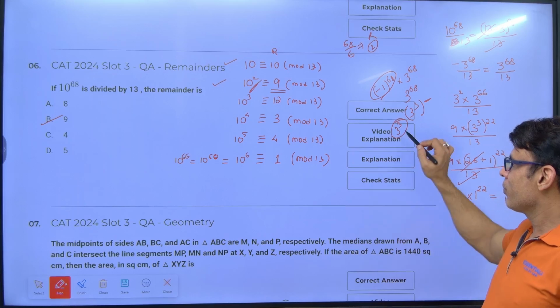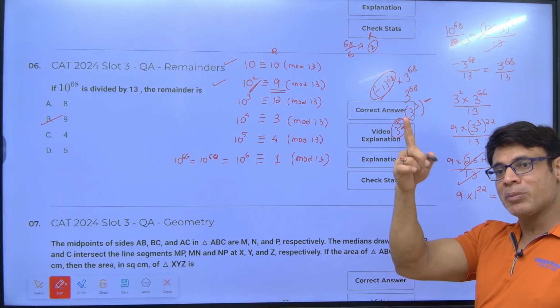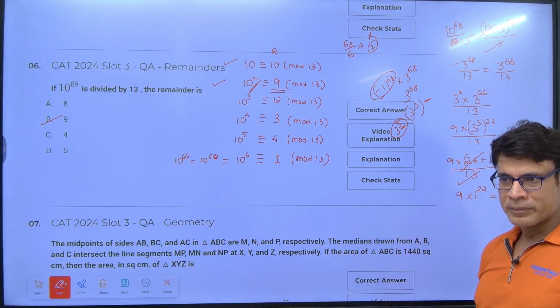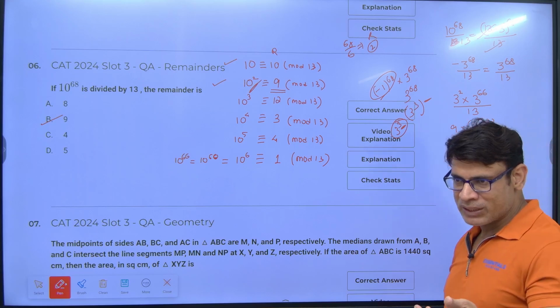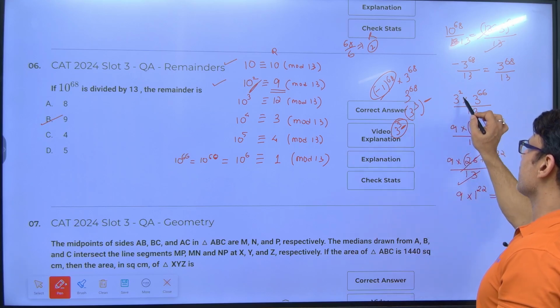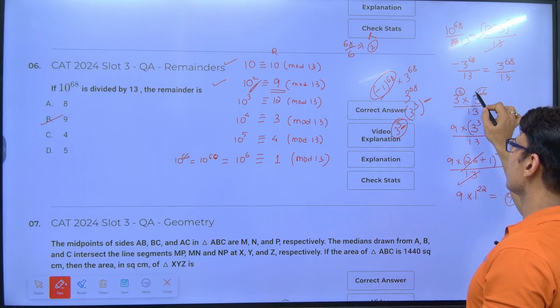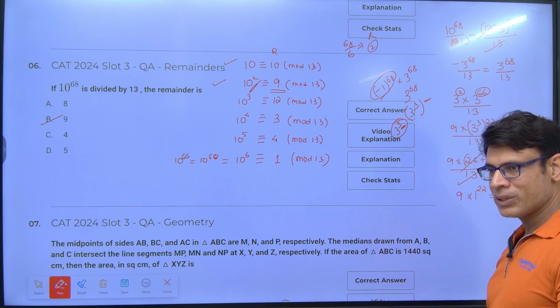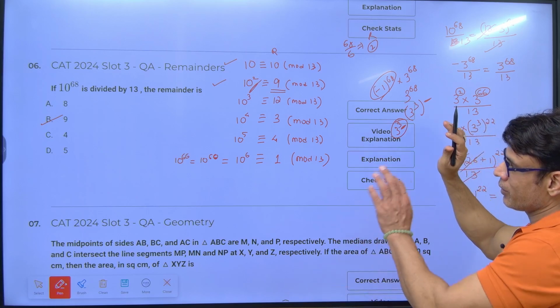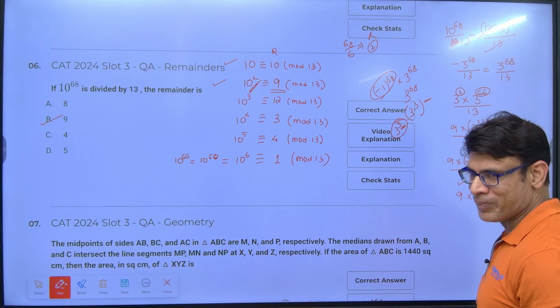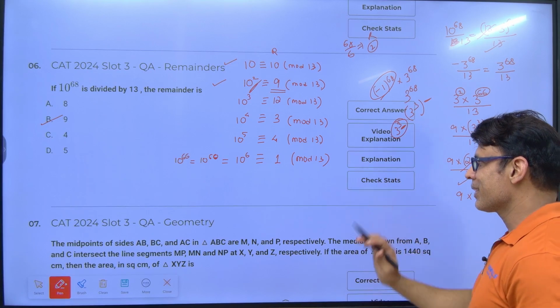So that if you want to take 3 cube, that means power should be a multiple of 3. हमको वो नंबर लाना पड़ेगा पावर में, which is a multiple of 3. Now 68 is not a multiple of 3, so I have to break it. 3 square अलग निकाला, 3 raised to the power 66. Why? Because 3 raised to the power 66 is a multiple of 3. फिर इसको ऐसा लिखा. दोनों याद रखो. कभी कभी ये भी बहुत हैंडी होता है.